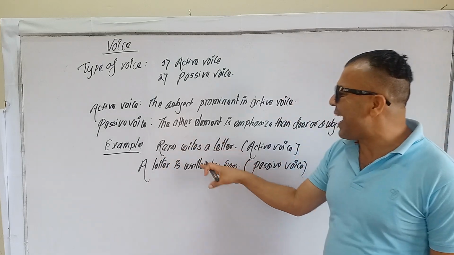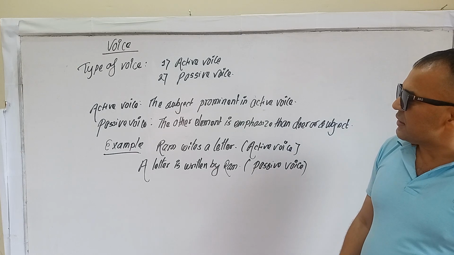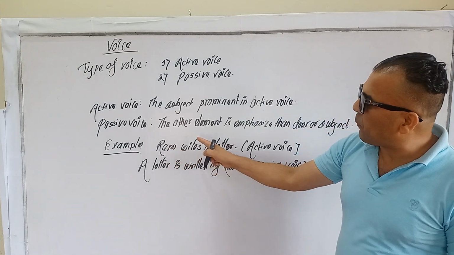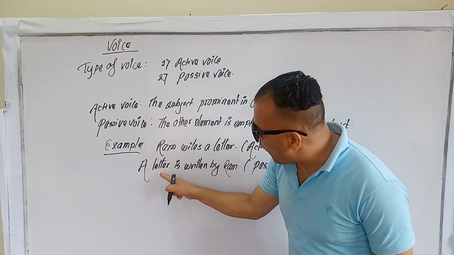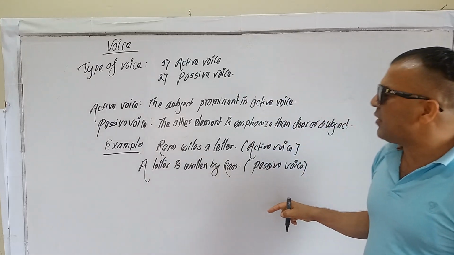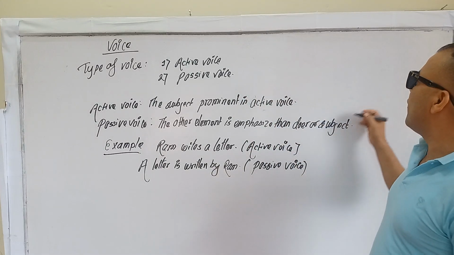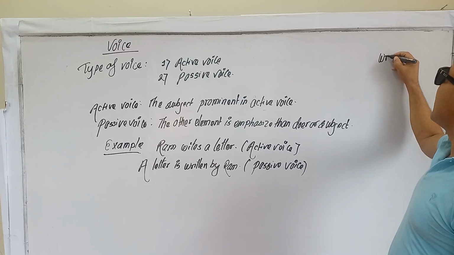Or Ram writes a letter. You see, the active structure is subject plus verb plus object, and the passive is object plus is/am/are plus past participle, the third form of the verb. Write, wrote, written.